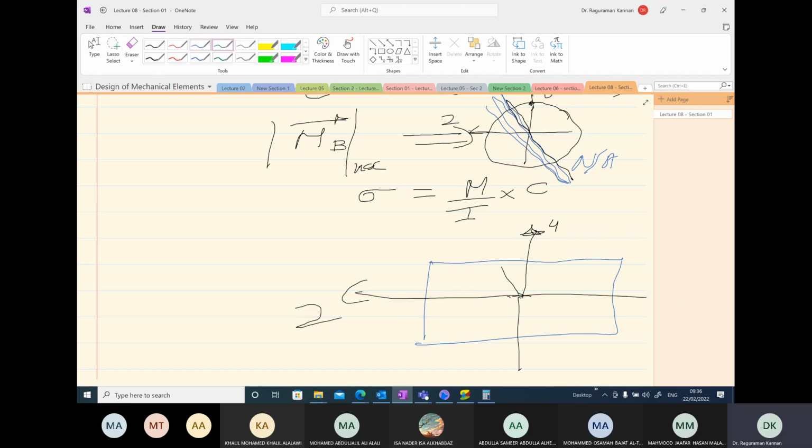It's some random direction here in green color. If I use my formula for sigma, what is the formula for sigma? It's the same formula, M over I times c. If I use this formula by using the resultant magnitude along this direction, I have a problem in calculating I. With respect to the neutral axis, what is the I value for a rectangular cross section?